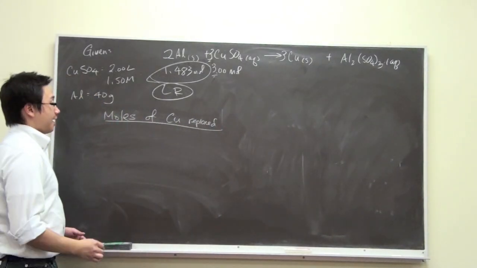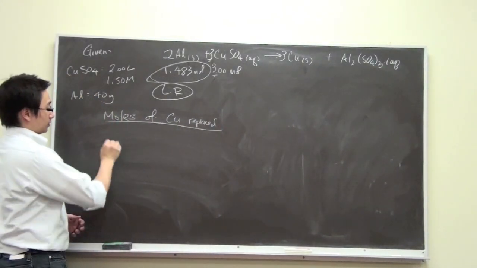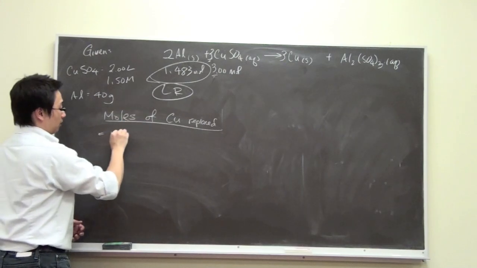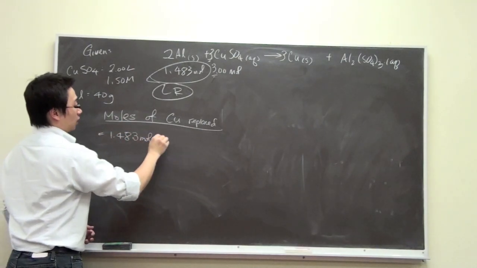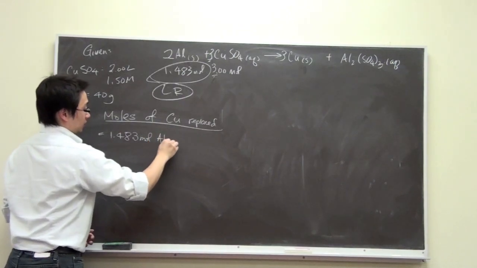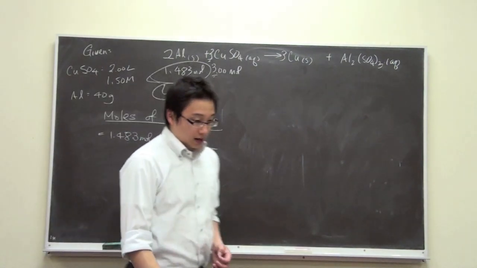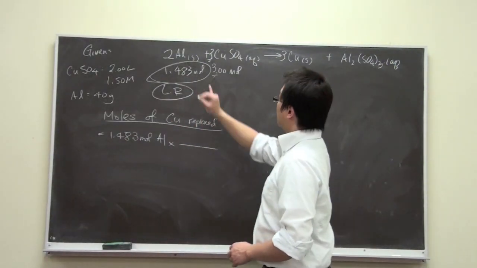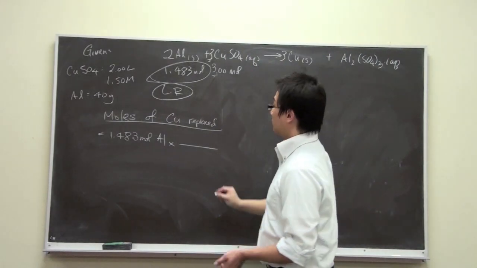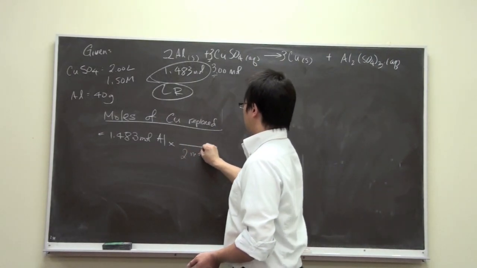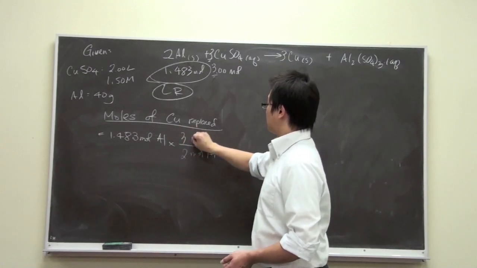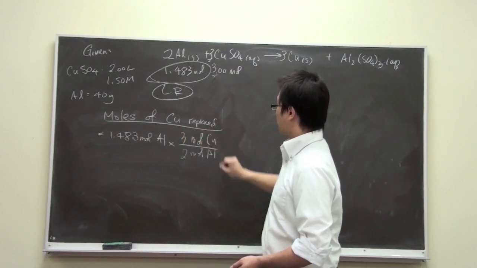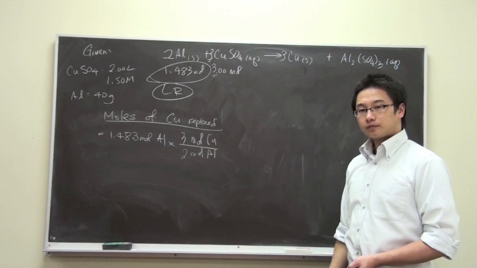Okay, and to calculate this, we are going to use 1.483 moles of aluminum, since this is the limiting reactant, and we're going to use the mole ratio between the aluminum and copper. So we have 2 moles of aluminum to 3 moles of copper.